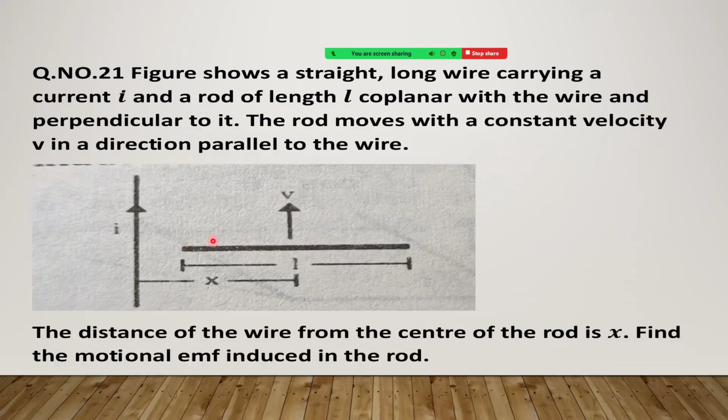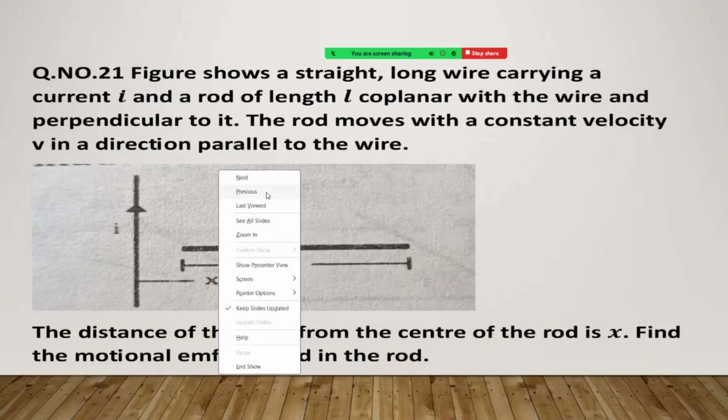That means this wire and this rod both are in the same plane. Okay, coplanar. The rod moves with a constant velocity v in a direction parallel to the wire. The distance of the wire from the center of the rod is x. Find the motional EMF induced in the rod.